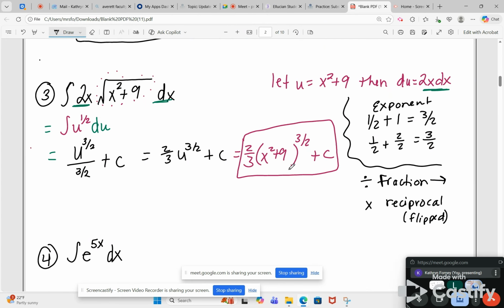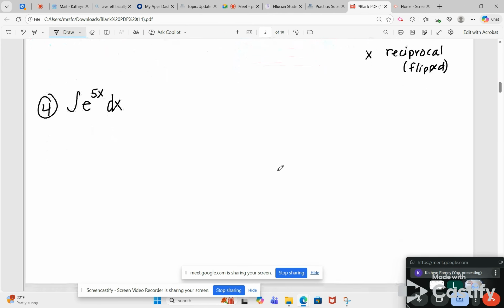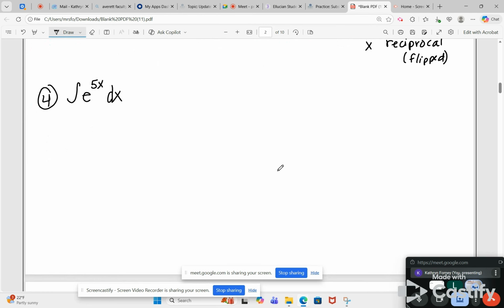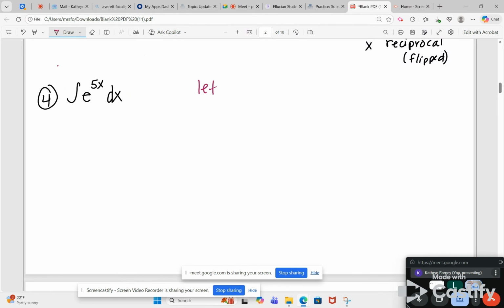Did you follow that to the end? Okay. So now this next one, we have an e to the 5x. So what would our u be? Now, what is the derivative of 5x? 5.